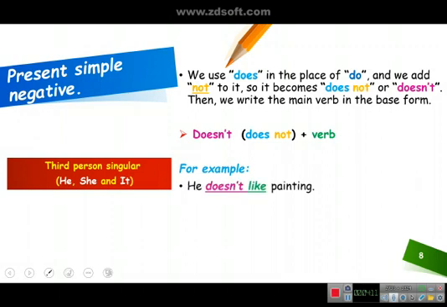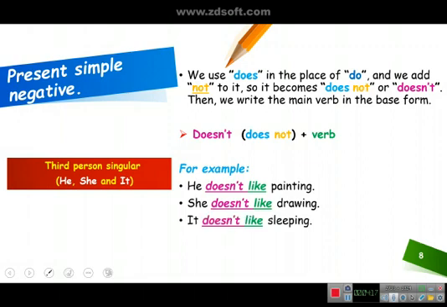Example, he doesn't like painting. She doesn't like drawing. It doesn't like sleeping. When doesn't is added to the negative form, the verb stays in the base form.